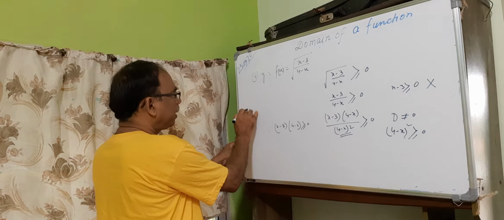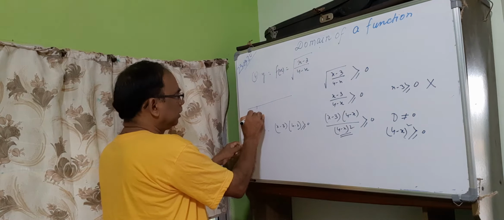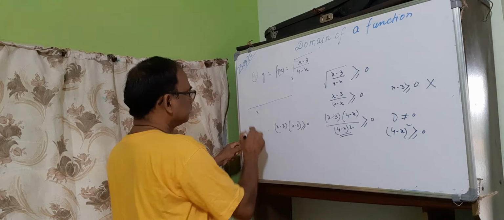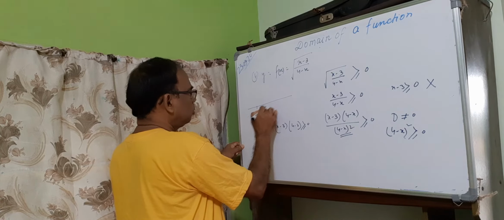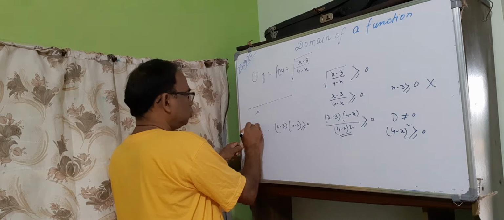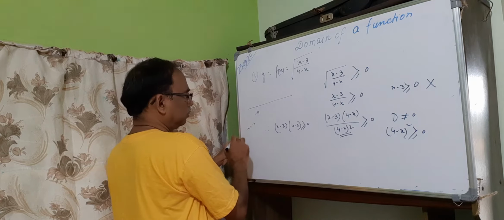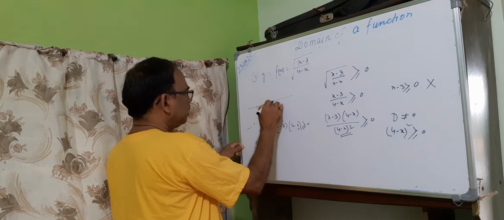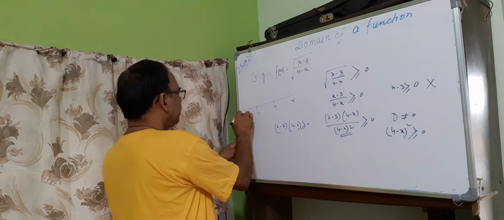Now taking a number line, this is 3, this is 4. The critical points are 3 and 4, then infinity.